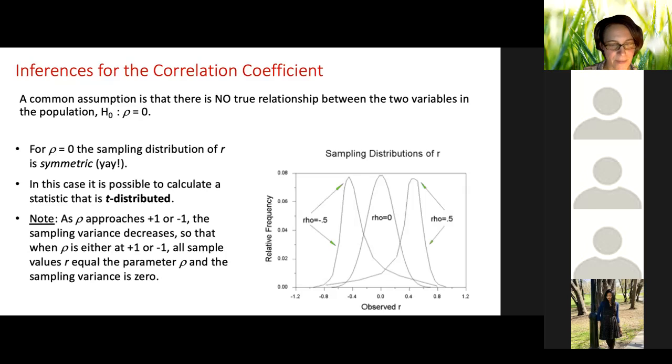Because if we sample from a population with a true association of 1, a perfect relationship, then for all samples that we draw from this population, necessarily the obtained correlation coefficient must be 1, too. There is no other option. If we have a perfect association in the population, then our samples all must have a perfect correlation as well. So there's no variability in our samples. So that's just a side note.